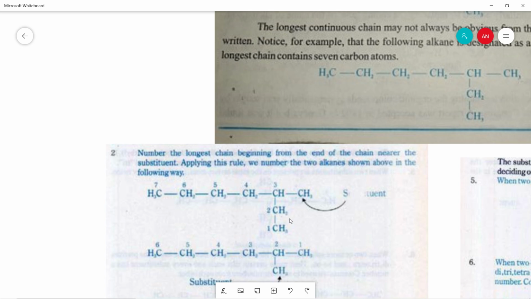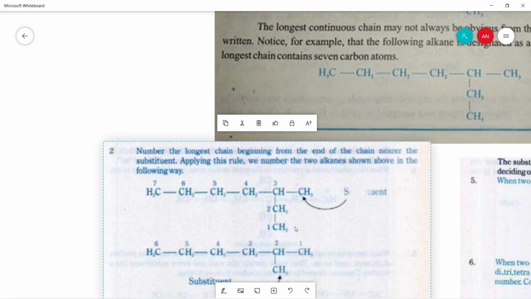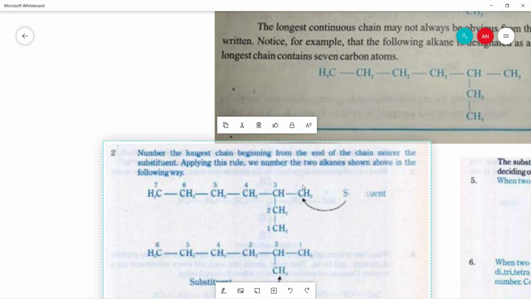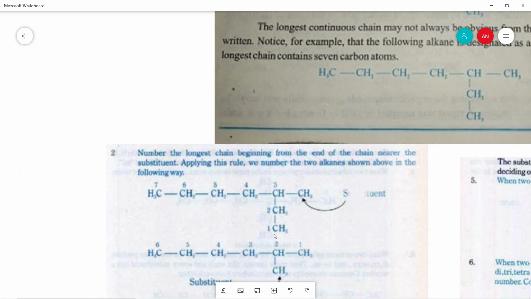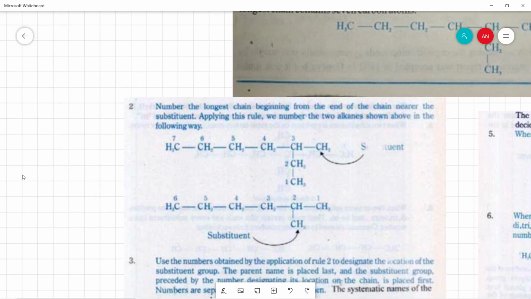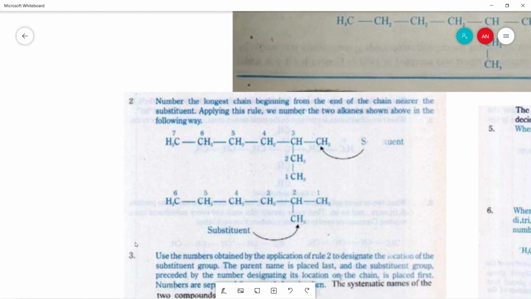There is a branch near this end, so we'll start numbering from this side, not from this side because the branch is far away from this side. So this is 1 2 3 4 5 6 7, and in this case the branch is near here, so we'll start numbering from this side. 1 2 3 4 5 6, right?